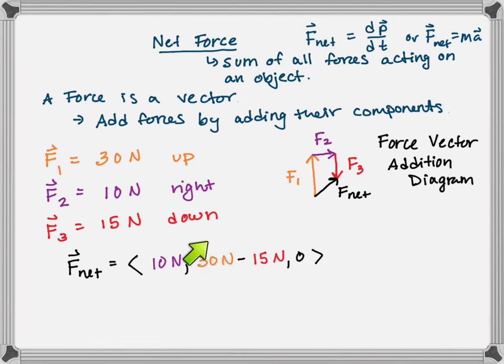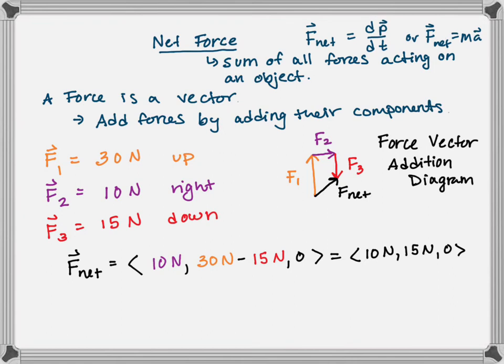So I have positive 30 newtons and a negative 15 newtons for my y. And I have 0 components of force from any of these three forces in the z direction. If I add these all up, this is then the total net force. We could do 10 newtons x, 15 newtons y, and 0 newtons z. So that is an example where we found the components and we added them up with the components.